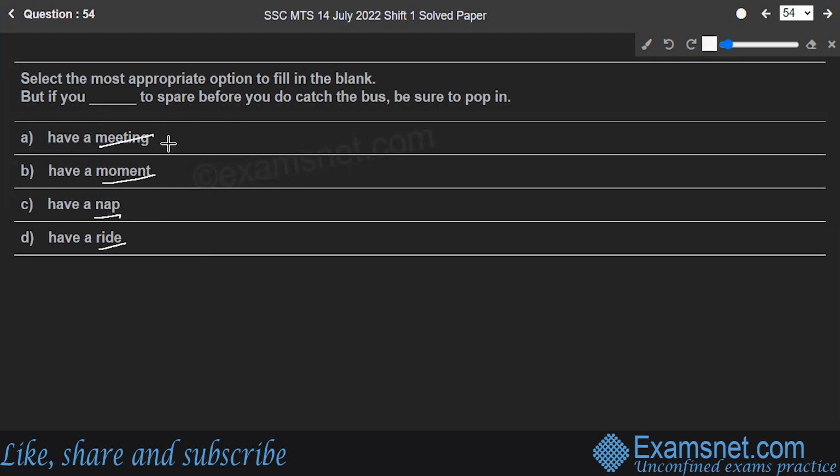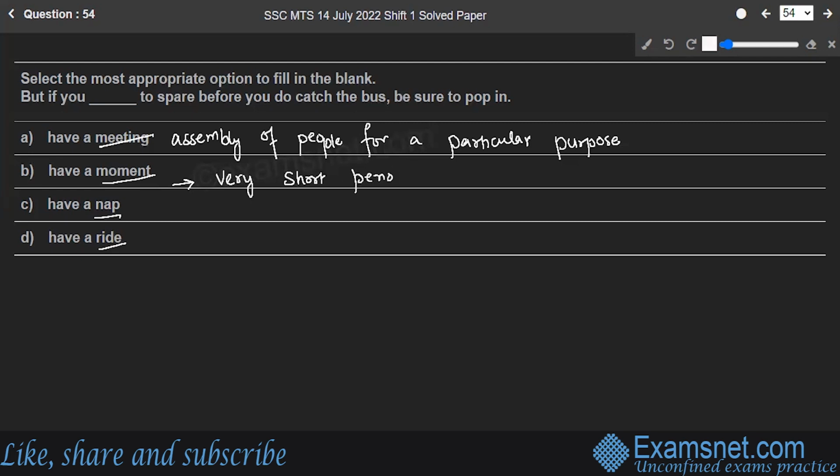Let's discuss the meaning of them. Meeting means an assembly of people for a particular purpose. Then is moment, which means a very short period of time.